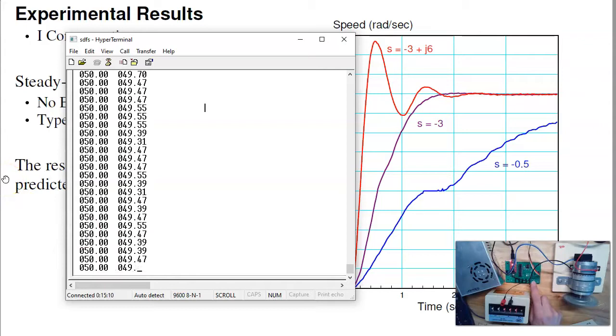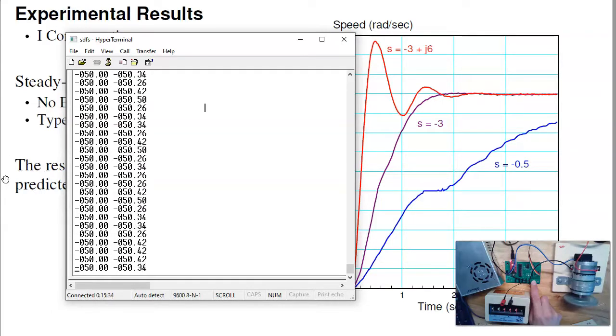What that does is I still have no error for step input, but now we get a much quicker system. The settling time should be about 4/3 of a second. And that's what we're seeing. Tells you to go minus 50, goes minus 50. Tells you to go plus 50, goes plus 50-ish. That's the pole at minus 3.